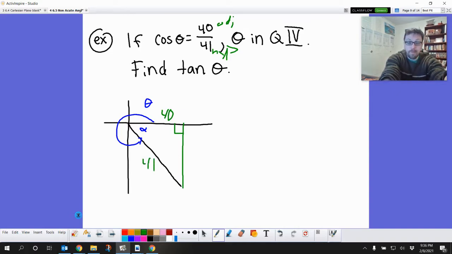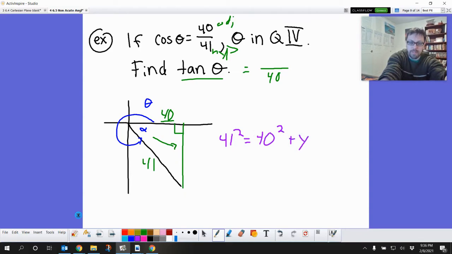All I need to figure out for tangent is I need to know what the opposite over adjacent is. Oh, I don't know the opposite side. I know adjacent. I know it's 40. Here's our adjacent side, but I don't know what this opposite side is over here. Well, that's okay. I can just do a little Pythagorean theorem. So 41 squared equals 40 squared plus y squared.